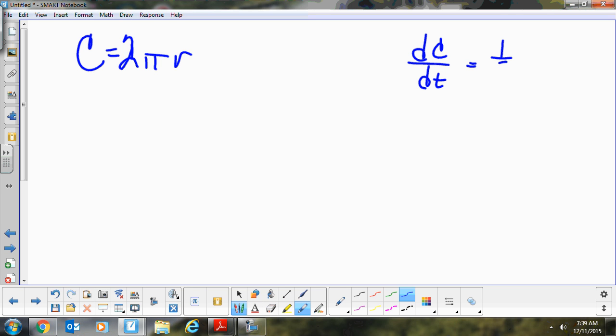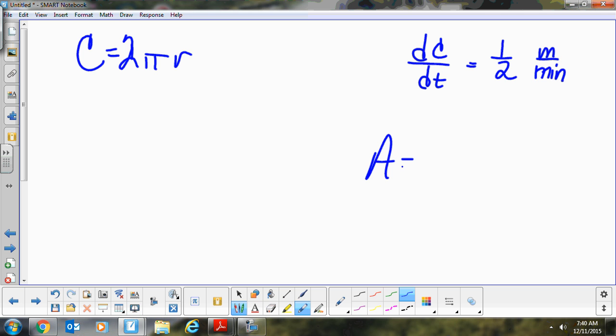I'm going to make that 1/2 meter per minute. Should that be positive or negative? It is increasing, right?